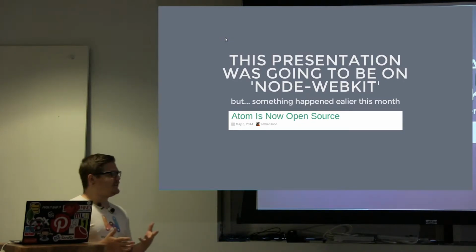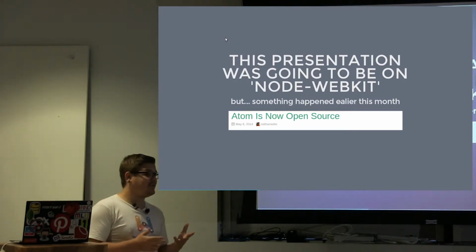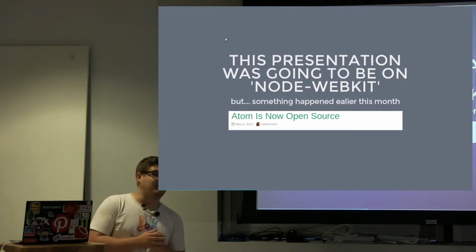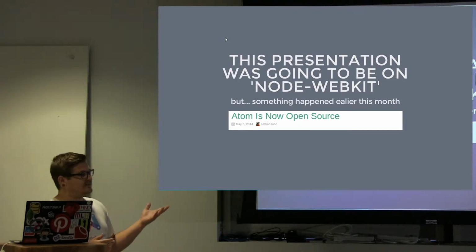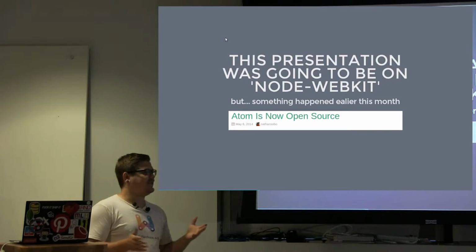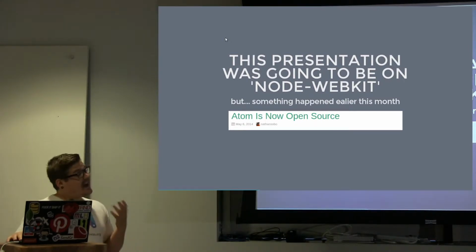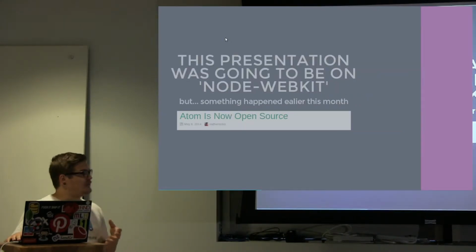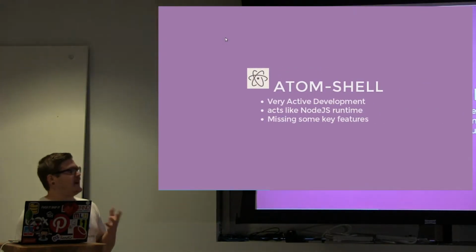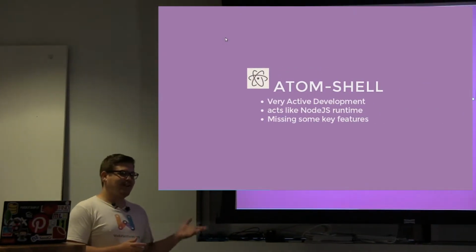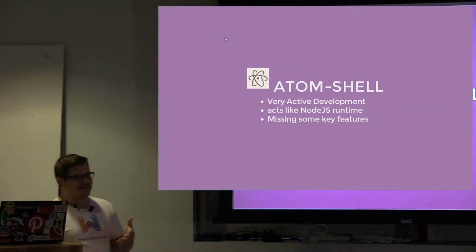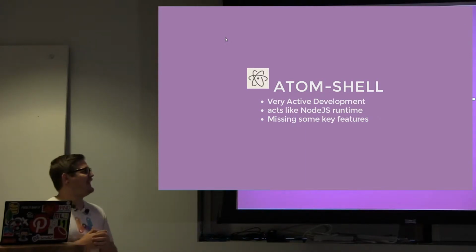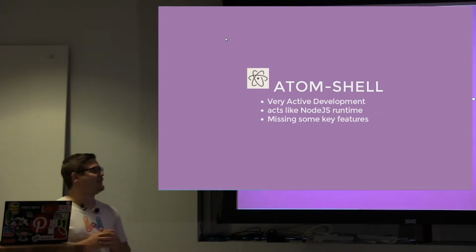A new project that's open source, using very similar technologies. I've speculated with a lot of my friends that they're using NodeWebKit in Atom to build this IDE. But they actually hired one of the core developers of NodeWebKit to build Atom Shell, which is very actively developed because it's from GitHub, and it acts just like the Node.js runtime.